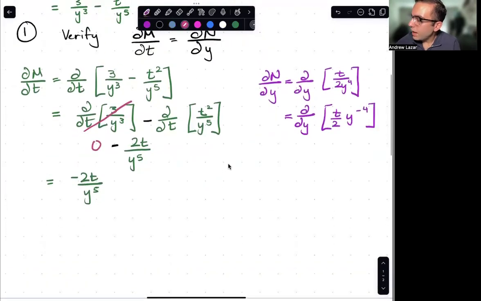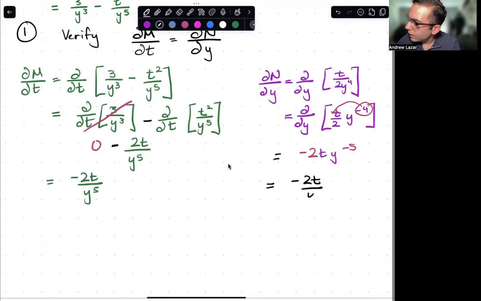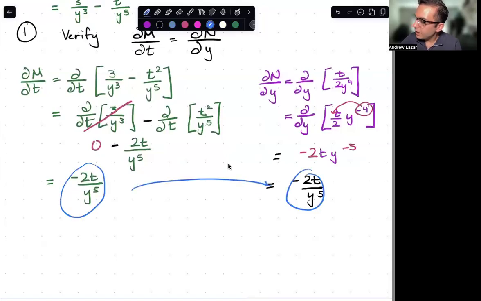And just using your power rule, this guy moves downstairs, and we get negative 2t y to the negative 5, which happens to simplify to negative 2t over y to the fifth power. So these two partial derivatives are the same.